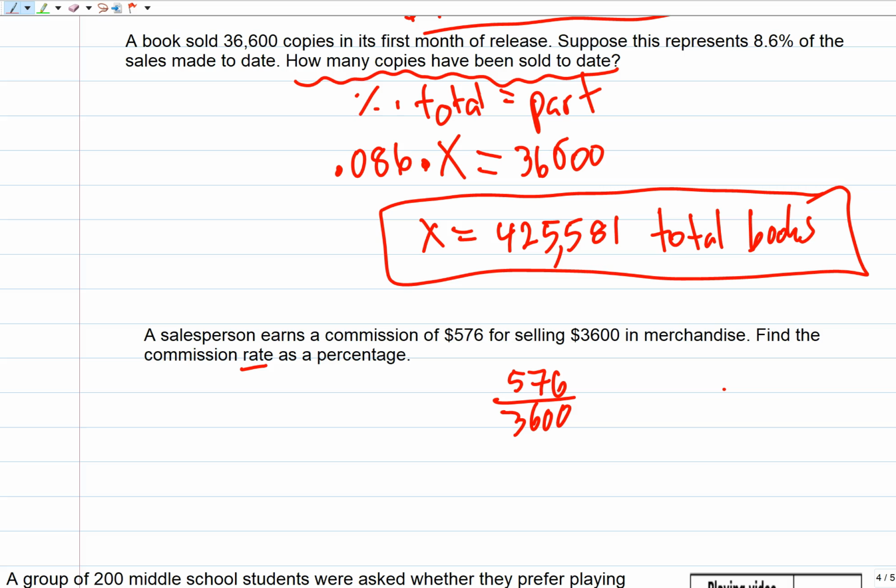I got my answer. If you know how to do that, you can solve these types of percentage questions really quickly. If you're not sure, you go back and say, okay, percent times total or original, 3,600, should equal the part, 576. How will I solve for x? Well, x is equal to 576 over 3,600.